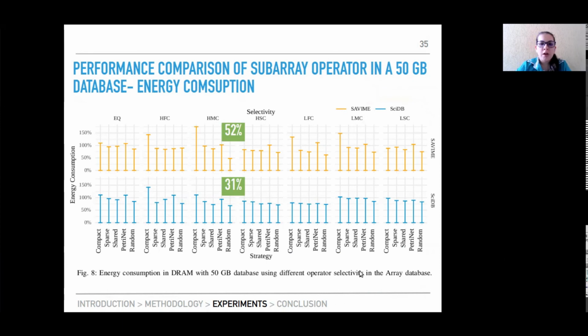In the figure, we show the energy consumption in the experiments with a database of 50 gigabytes, normalized by the baseline. We can observe that the behavior is similar to the speedup results. The random strategy reduced the energy by 52% in Savime, with high selectivity in many chunks. For SciDB, the energy saving with the use of a random strategy was 31% with high selectivity in many chunks.